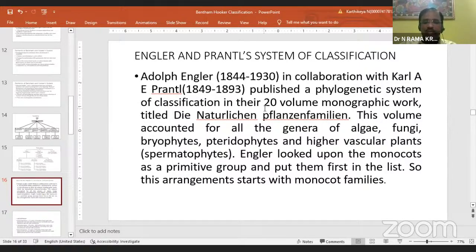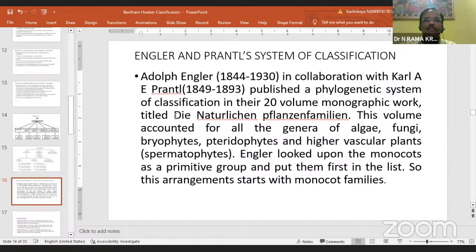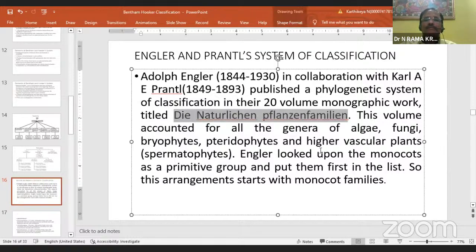How many volumes are there? 20 volumes. Die Natürlichen Pflanzenfamilien is the name of the book. Total 20 volumes.